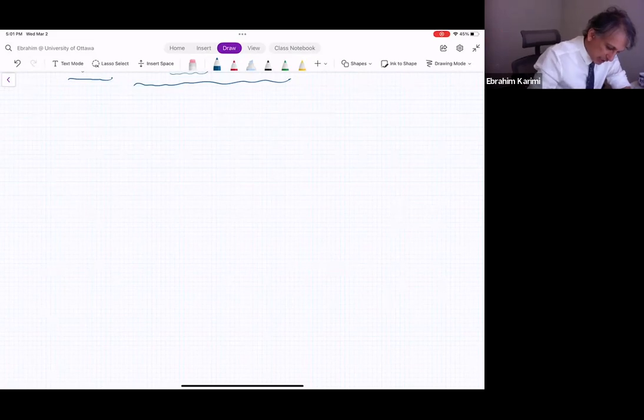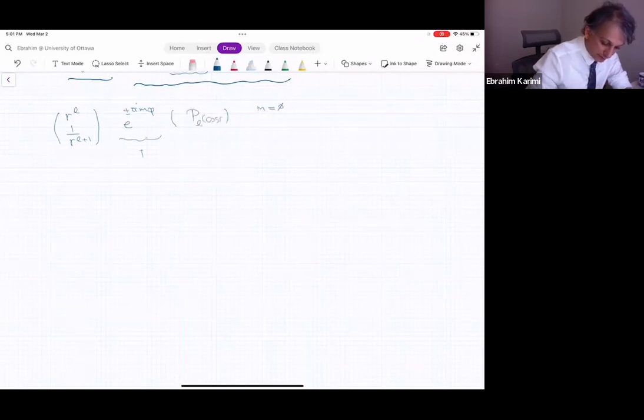So indeed, the radial part was given by r to the power of L, or 1 divided by r to the power of L plus 1. The radial part was clear. The azimuthal part was e to the power of plus or minus i m phi. The theta part, when m is equal to 0, which means that term will be equal to 1, is given by PL of cosine of theta.